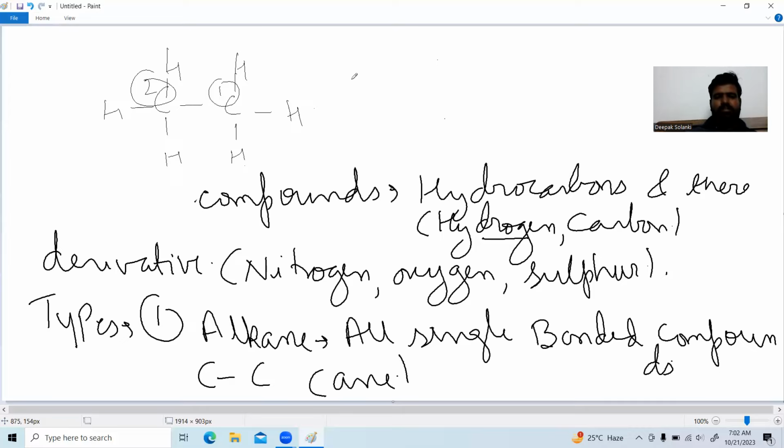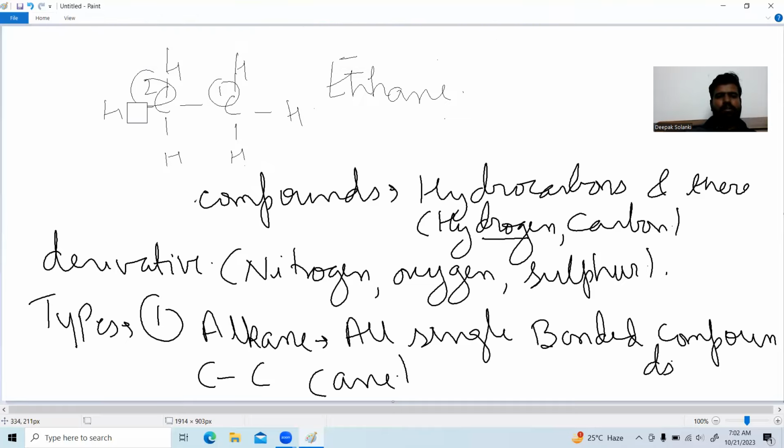If there are 2 carbon compounds, we will take the prefix eth, and the suffix will be ane. So the name will be ethane. It is bonded with a single bond, so eth for 2 carbons and ane for single bond.